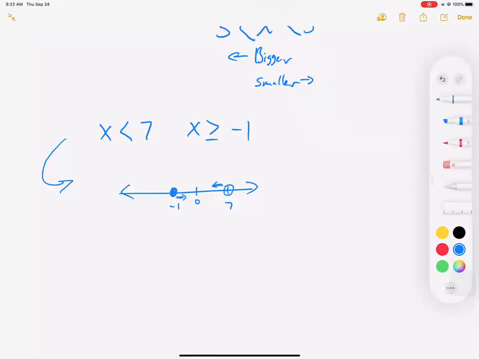Just drawing a little arrow so I can get an idea what's going on. Hey, look, there's overlap. So we're going to color in the line in between. That means all the numbers in between -1 and 7 are totally valid. We can use them all.